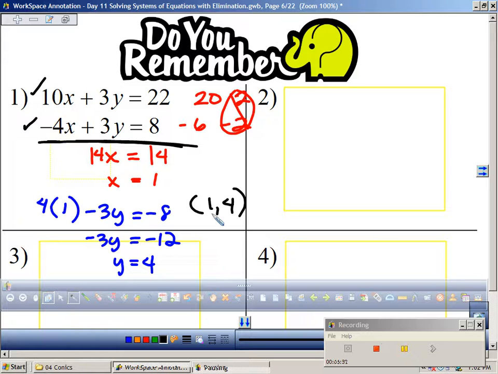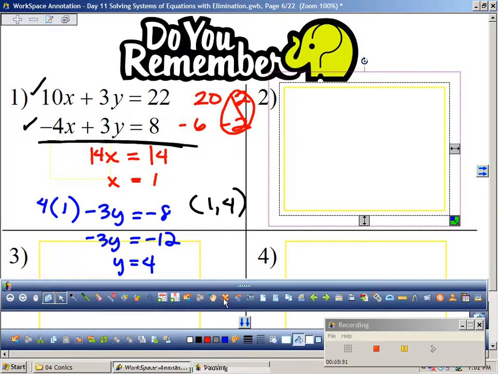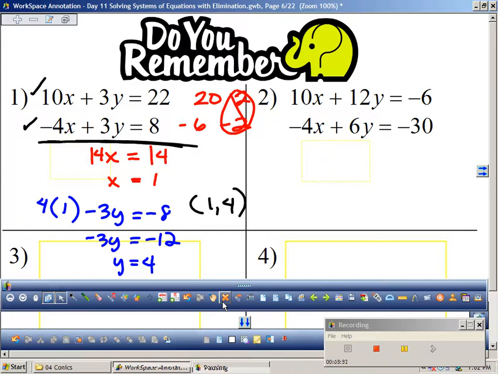And where we found their intersection was where it didn't matter, like if you went to 3 games, it wouldn't matter which one you chose, right? So that's what that is. In groups, I want to see if you can tell me, not solve it all the way through, but how would you eliminate something there.